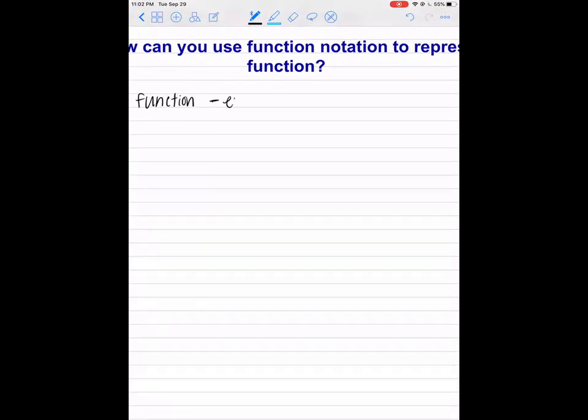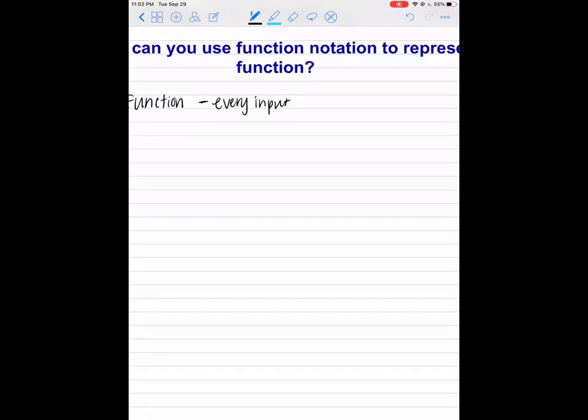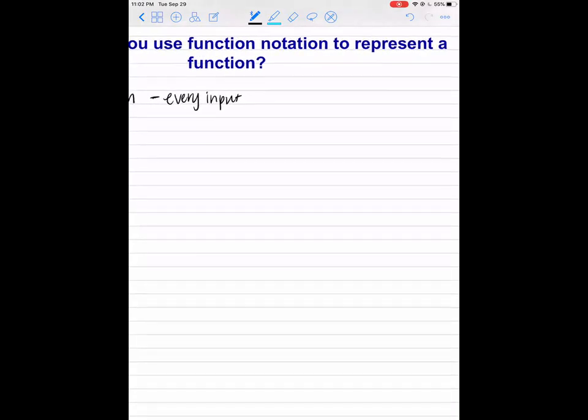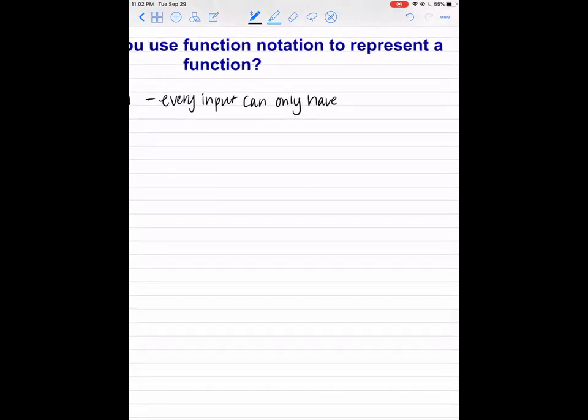Overall, for every input, or every x value, it can only have one output.